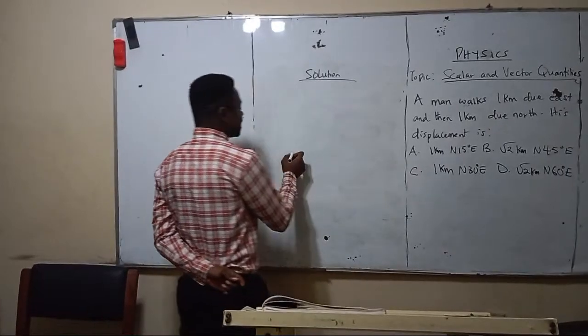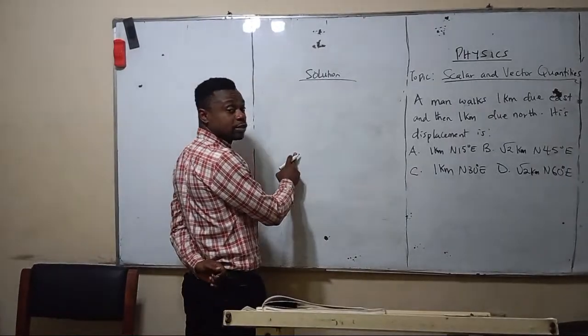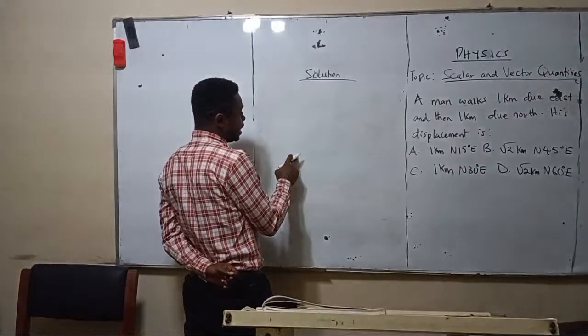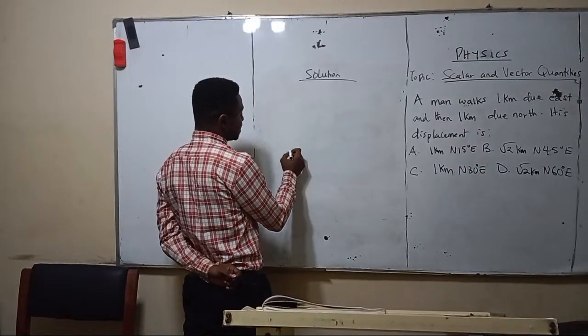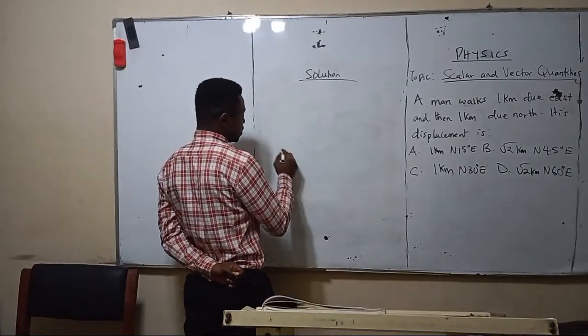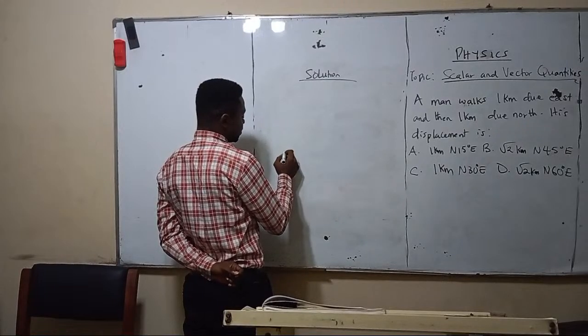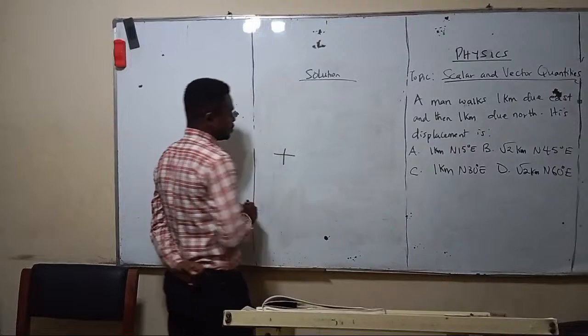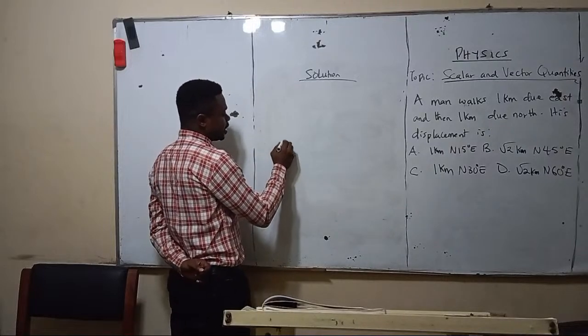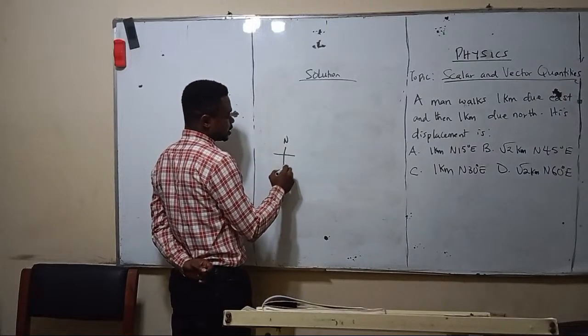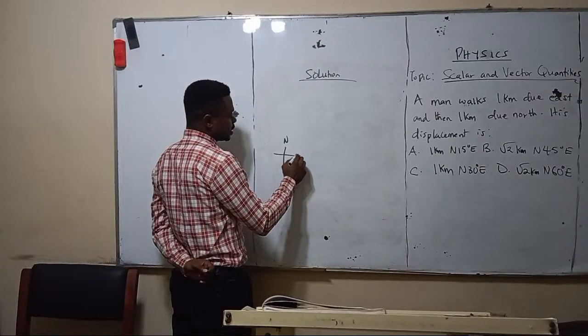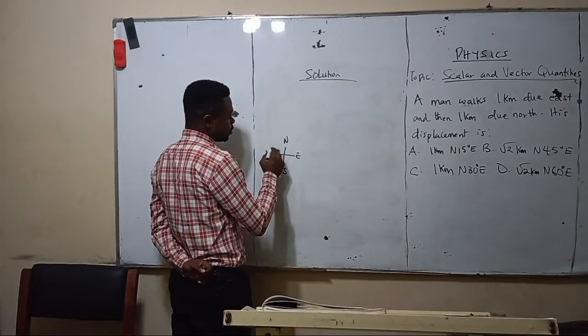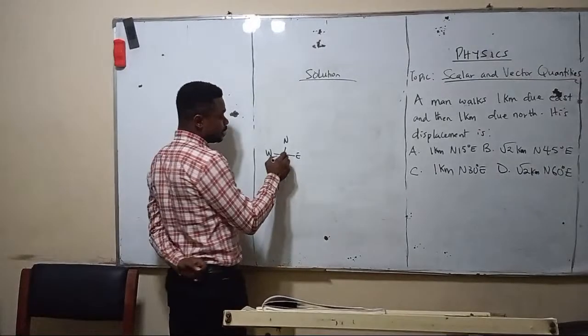At this point we'll put a cardinal point: here is north, here is south, here is east, here is west. So this is where the man started from. I can call it point A or anything I want.